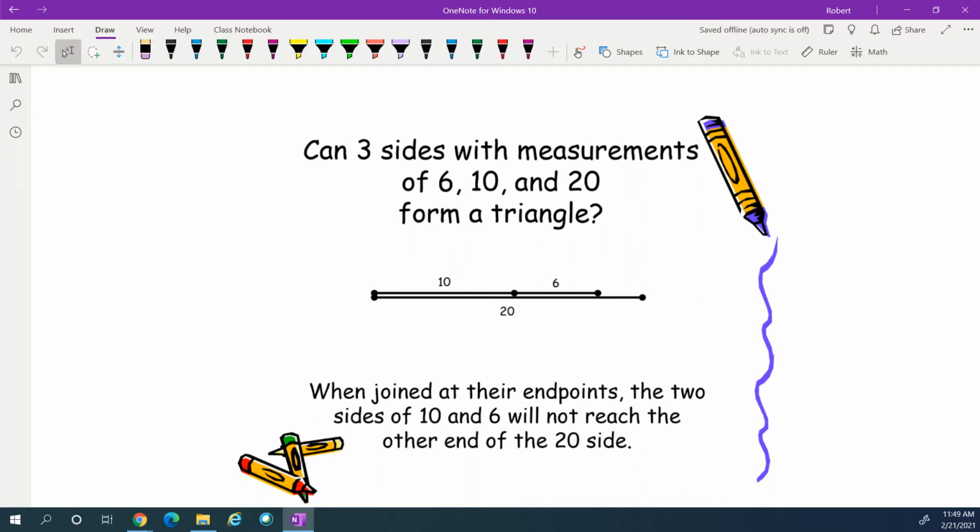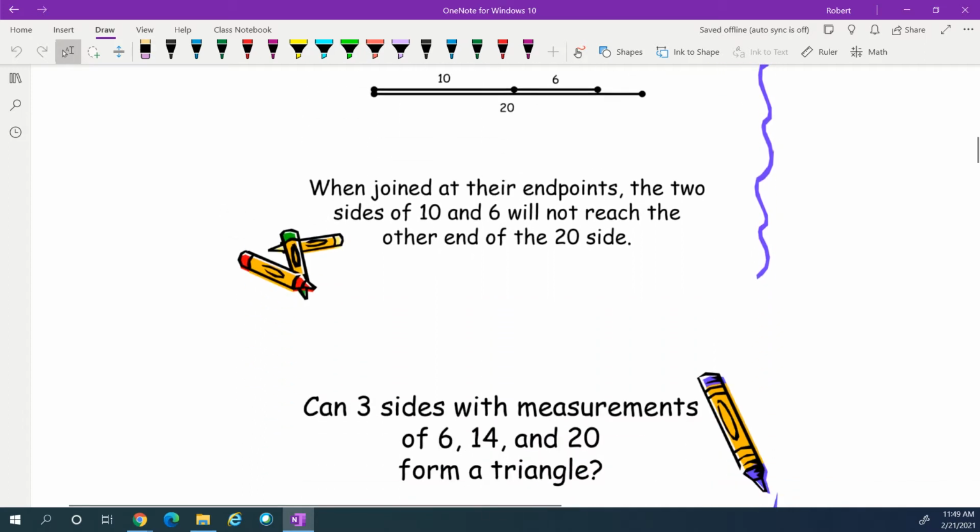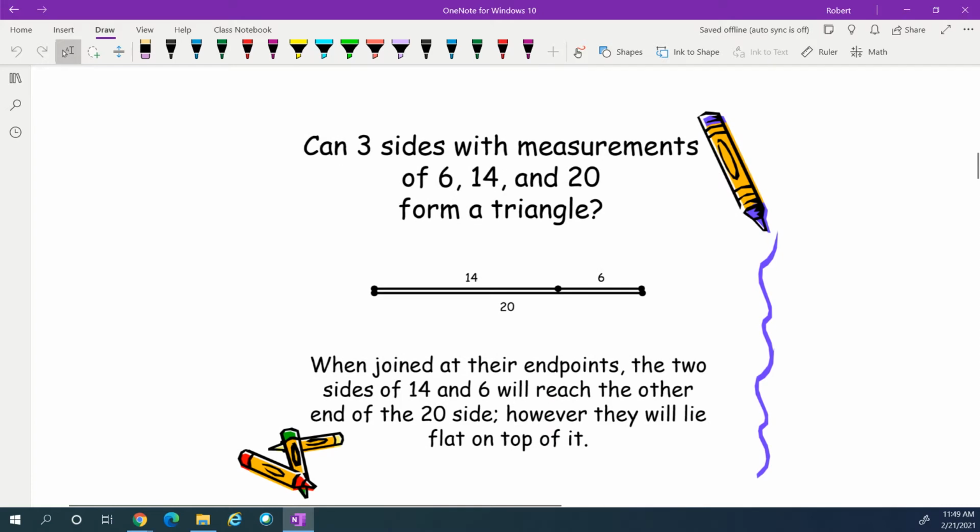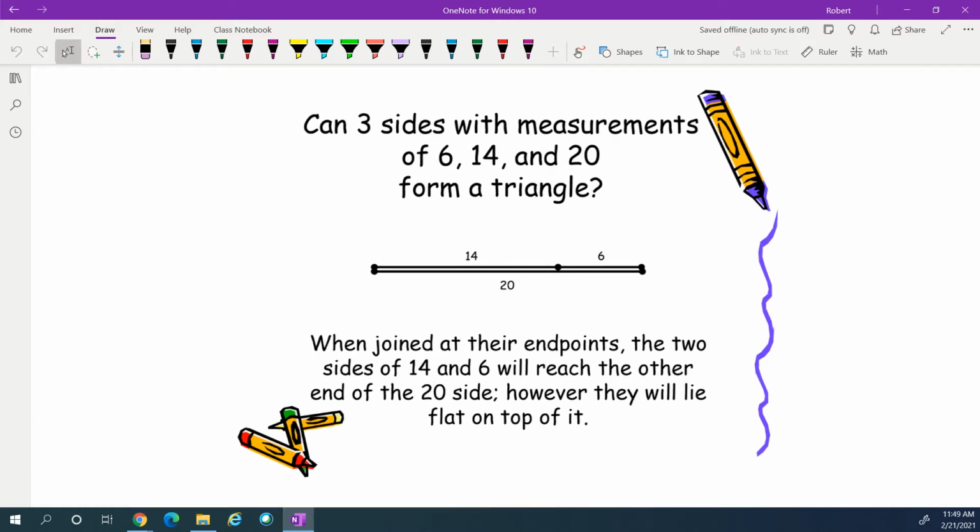There's a few slides that document a few examples here, but the 10 and the 6, it wouldn't even reach the other end of the 20. If I had a 14 and a 6, it does reach the other end of the 20, because 14 plus 6 is 20.